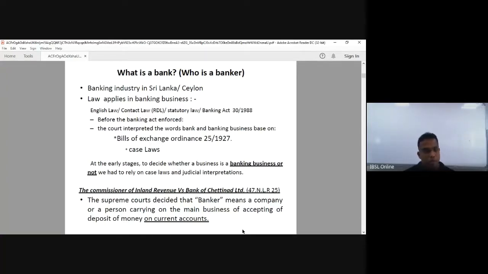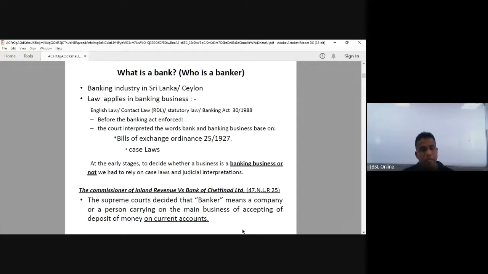So what I want to show you here is that the Chettinad judgment is not valid for today. I'm repeating again, don't say that the Chettinad judgment was never valid. It was valid for that period, 1947. After that, the banking industry has changed and developed. Technology has developed.